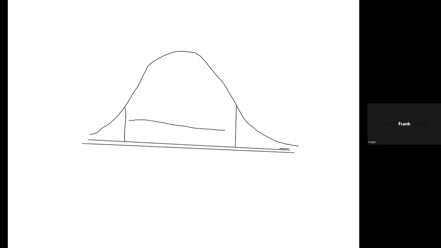From here to here is 95%. And I told you that your alpha level is a complement of your confidence interval.